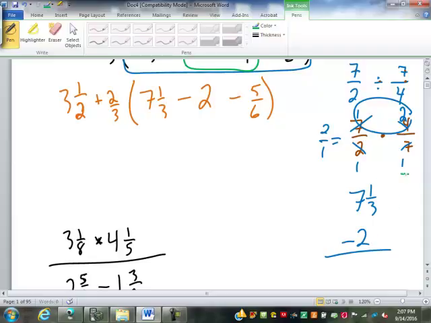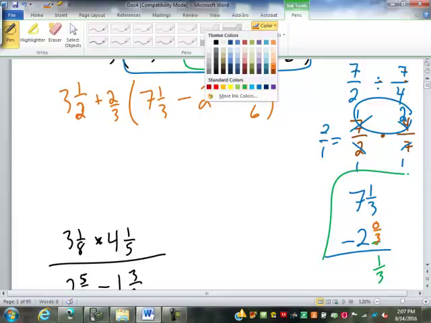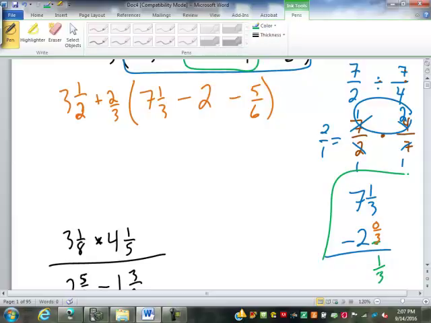We can set it up just like this, and we can say, well, there isn't a fraction here, so there's nothing to subtract from the 1/3. Or you can say, hey, that's just like after a decimal point, you would put 0. You can say that's 0/3 here, and do 1 minus 0 is 1/3. Either way, we end up with 1/3, and 7 minus 2 is 5. So 7 1/3 minus 2 is 5 1/3.